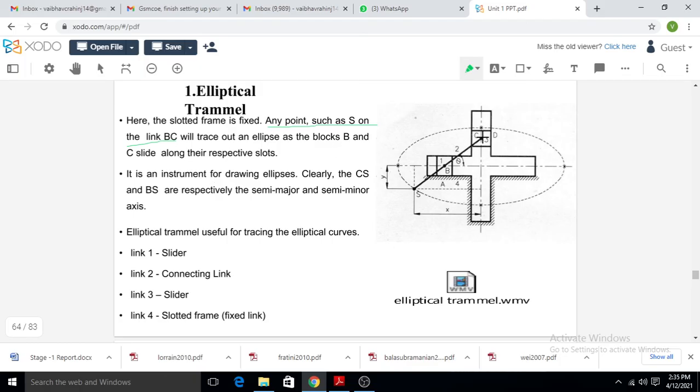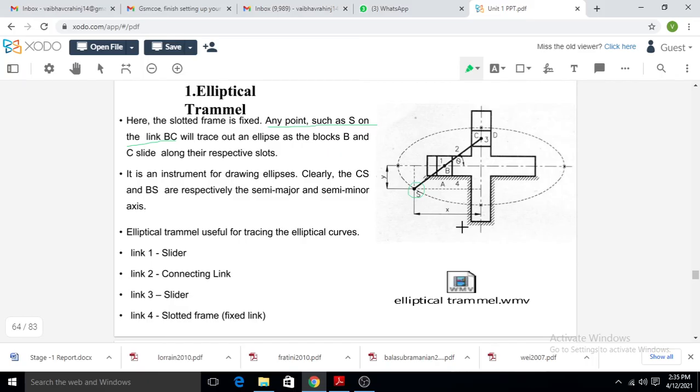When block C slides up and down, at the same time block B slides along the horizontal line, and if we extend the link BC, then point S will trace the elliptical path.